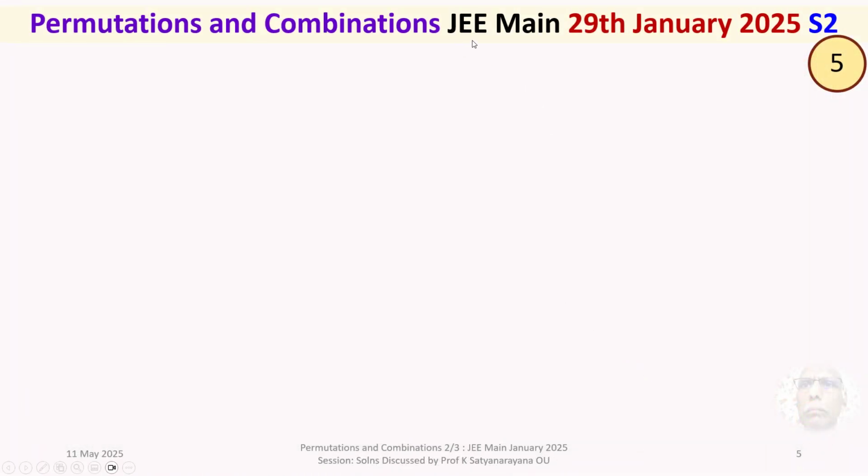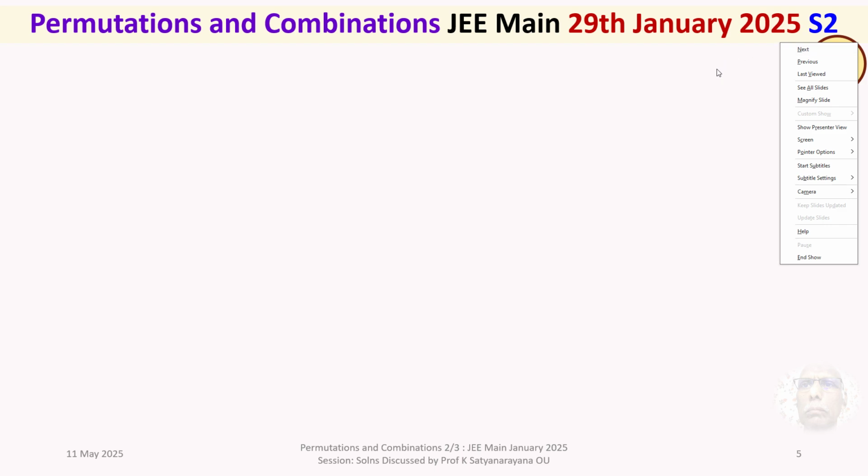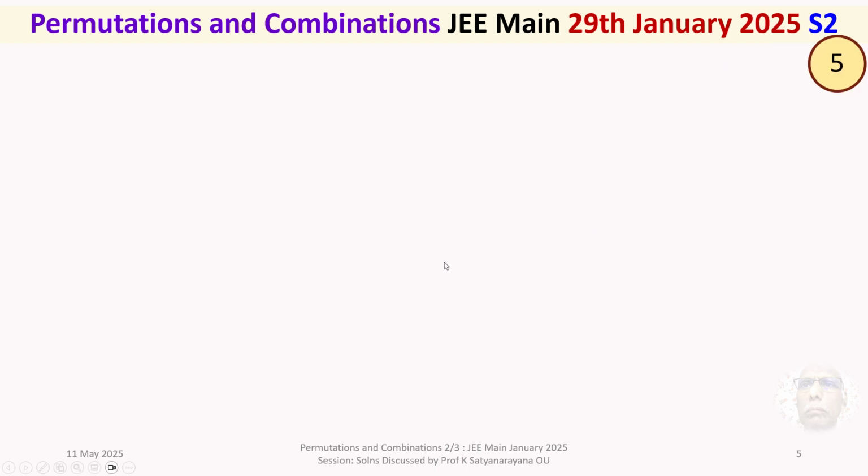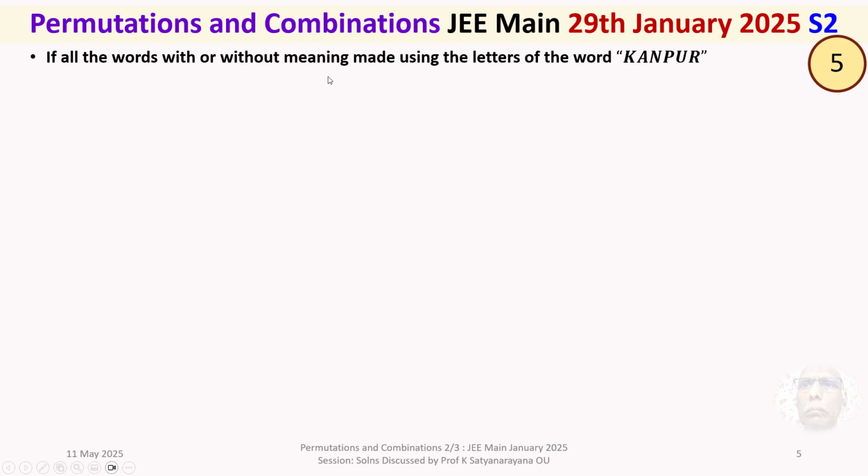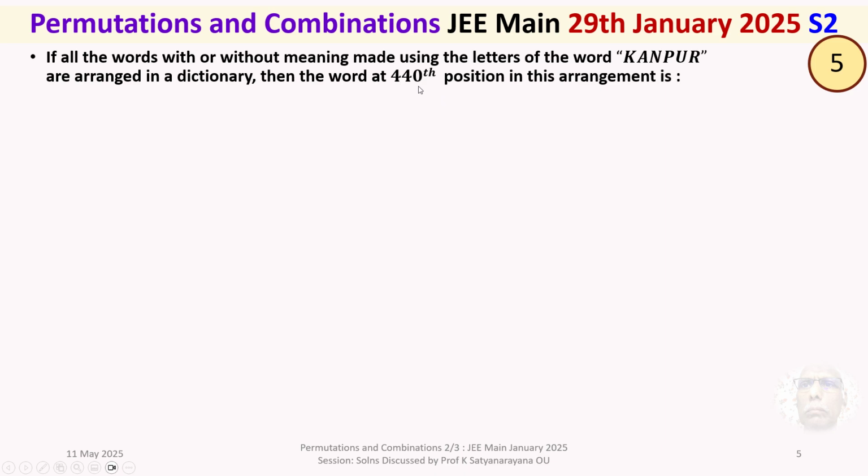This question has appeared in the JEE Main exam held on 29 January 2025 in the second shift. The given question is, if all the words with or without meaning made using the letters of the word Kanpur are arranged in a dictionary, then the word at 440th position in this arrangement is.